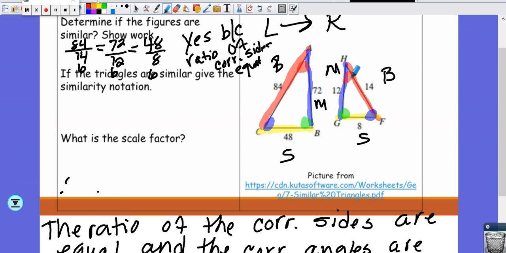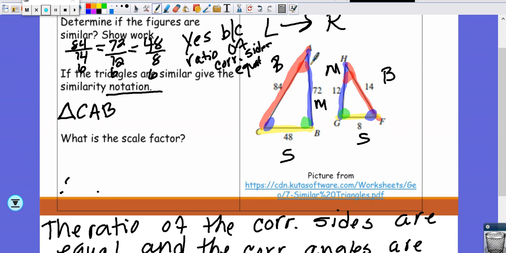Okay, now it says if the triangles are similar, give the similarity notation. We need to say these are triangles, so triangle, and I'm going to start here. CA, that's my red line, so C to A, and then I'm going to go from A to B. So triangle CAB.